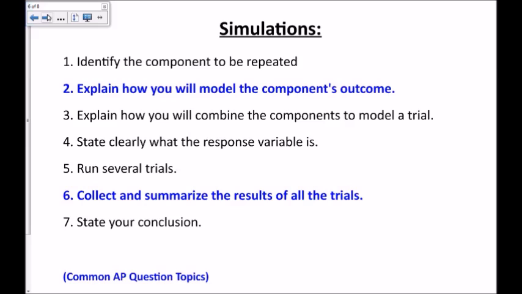Number 4, state clearly what the response variable is. What are you looking for? Number 5, run several trials. Number 6, collect and summarize the results of all the trials. And number 7, state your conclusion in context. That is the 7 steps of creating and running a simulation.